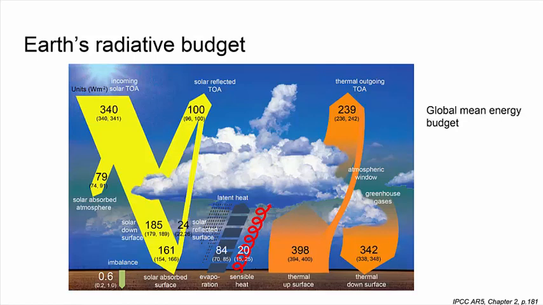So this is that 1370 watts per meter squared divided by 4, so 340 watts per meter squared is coming in. 79 watts per meter squared is absorbed by the atmosphere from oxygen, ozone, and some of the other gases. And then, I was talking about the albedo before. This is what's represented here. So around 100 watts total is reflected back out to space.